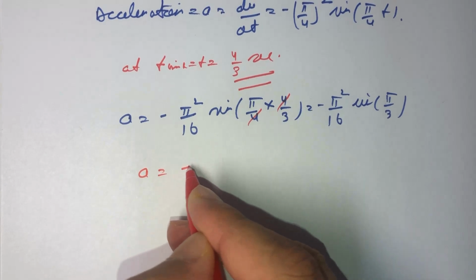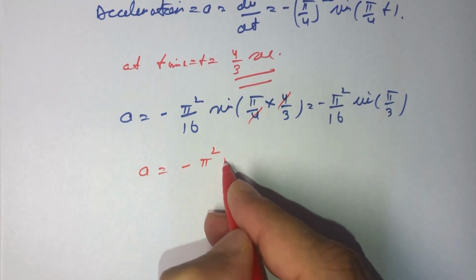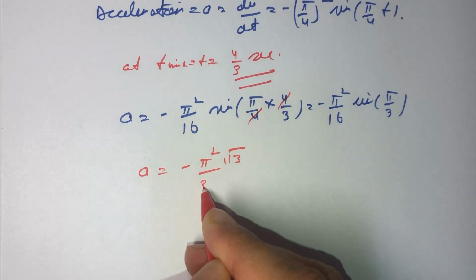So we get acceleration is equal to minus square root 3 pi square divided by 32.